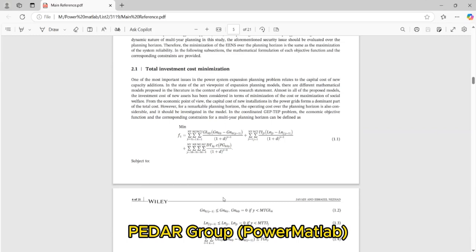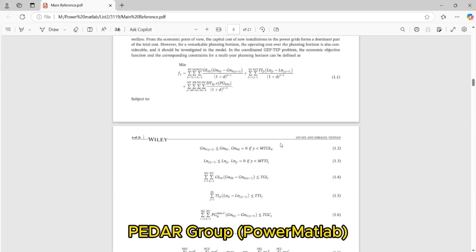The first sub-objective function is related to the investment cost and minimization of investment cost. For example, the first part of sub-objective function number 1 is related to the cost of generation expansion planning, and the second part of the objective function is related to the cost of transmission lines.